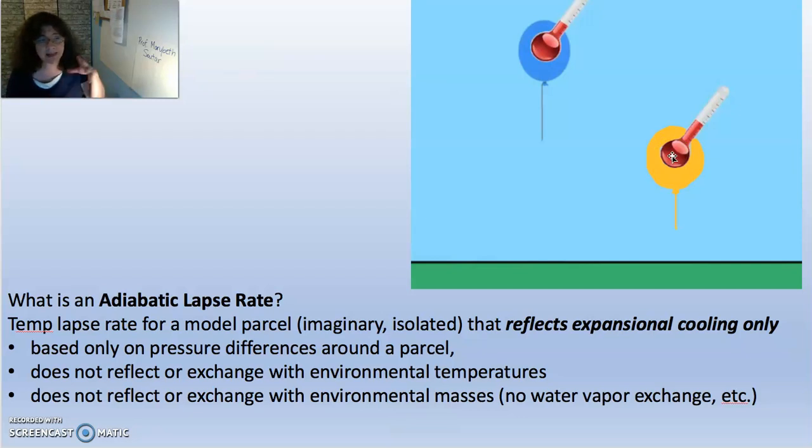When we were looking at the environmental lapse rate, that is reflecting everything that is going on in the environment. The changes in pressure, the changes in temperature, the changes in water vapor molecules, the changes in ozone molecules, many different types of issues come into play when we look at the environmental lapse rate.